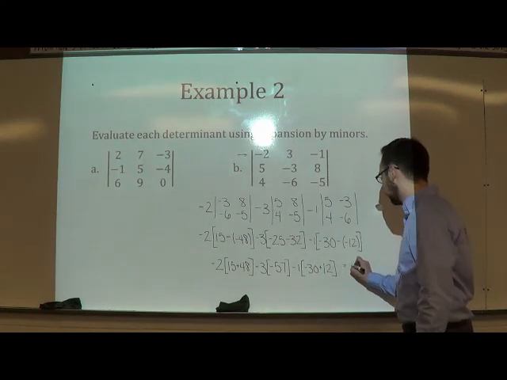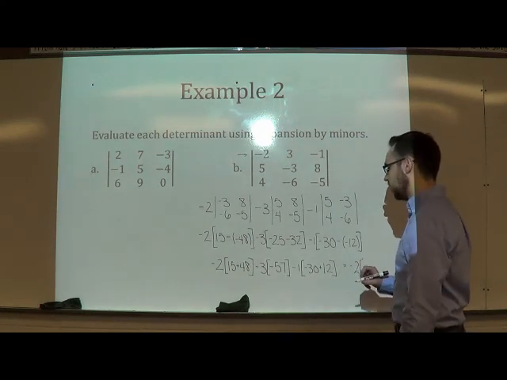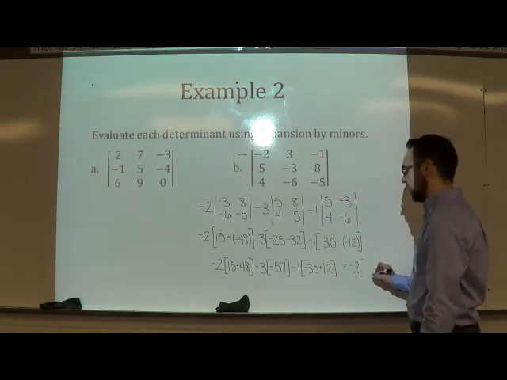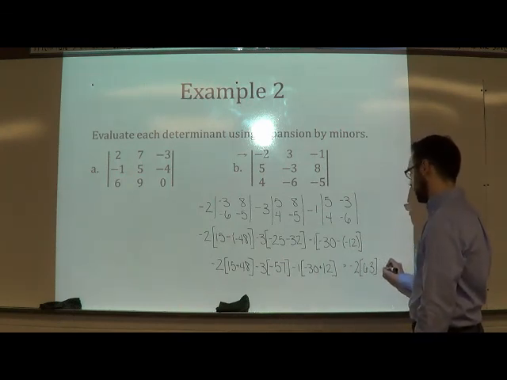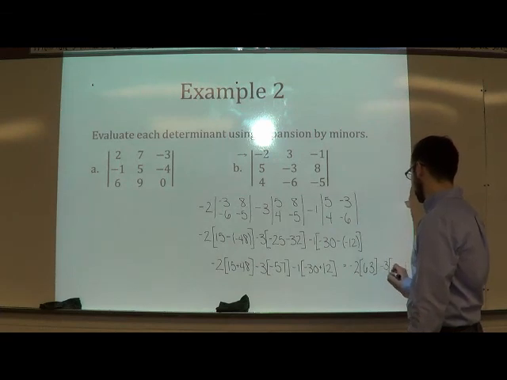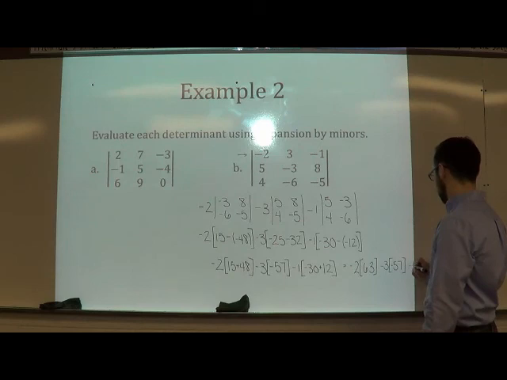So let's continue reducing these. We have negative 2 times 63, minus 3 times a negative 57, minus 1 times a negative 18.